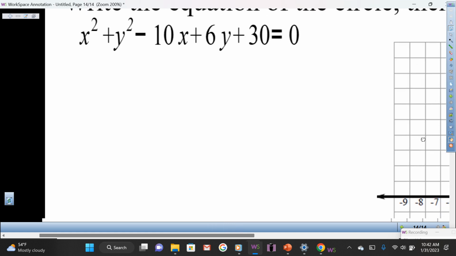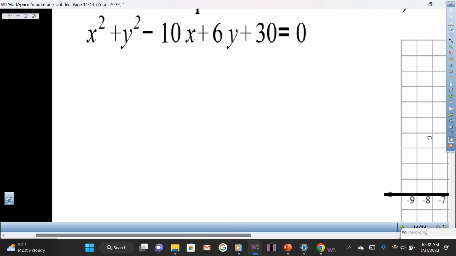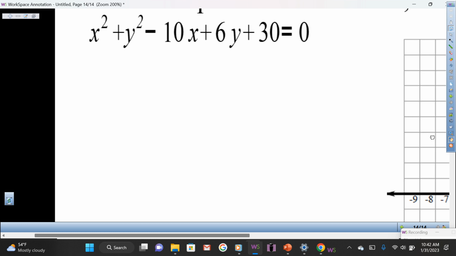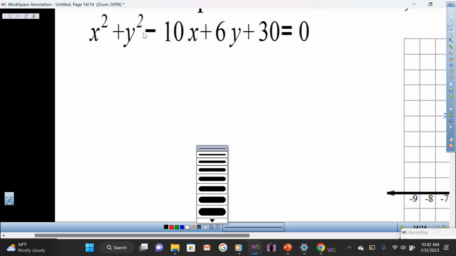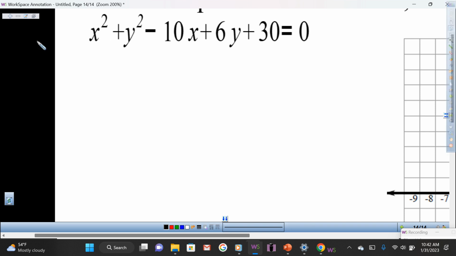And what I'm going to do is use a process that you guys are very familiar with. Focus, please. And that process, over there on the screen, is called completing the square. Ready? Here it goes. Now, for completing the square, first step is that it's in standard form. Look at it. Is it in standard form?